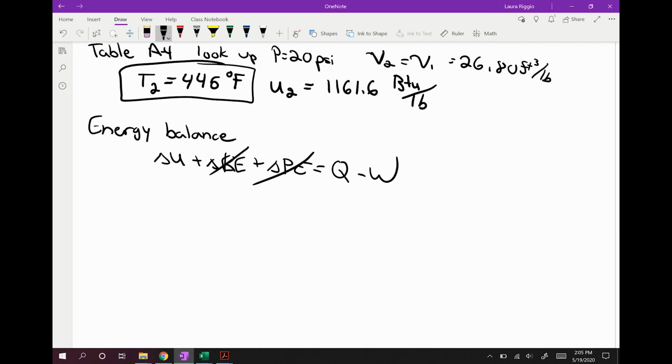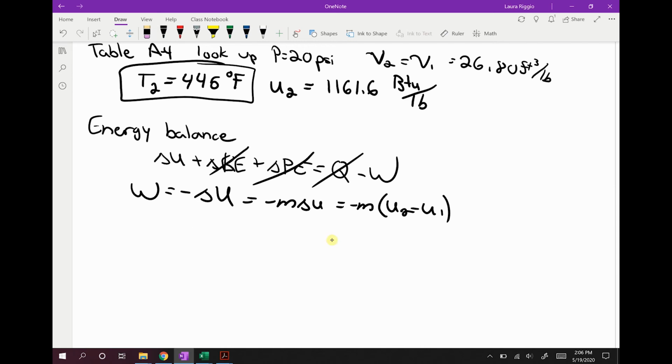It's also a well-insulated tank, so there's no heat transfer. So our work is equal to the opposite of our change in internal energy, which is equal to our mass times our change in specific internal energy, U2 minus U1. Well, we don't know our mass. How can we find our mass?